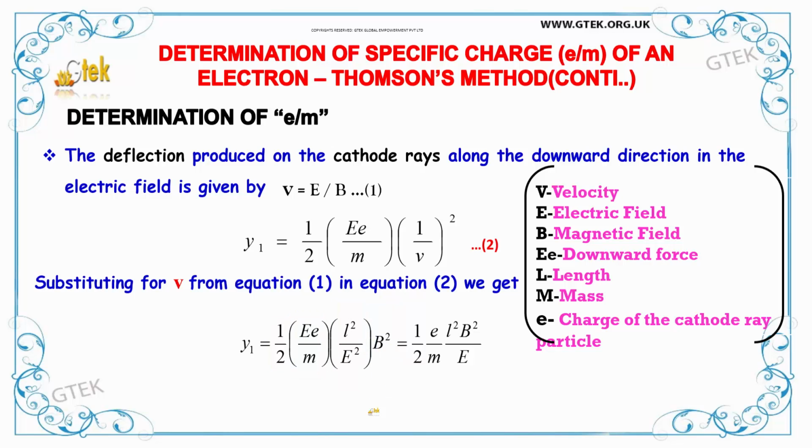So cancelling E and E, you get half into e divided by m, L square B square by E, where v is the velocity, E is the electric field, B is the magnetic field, L is the length, m is the mass, and e is the charge of the cathode ray particle.